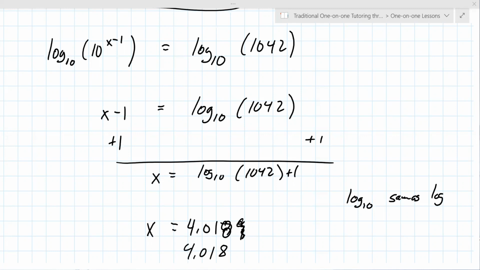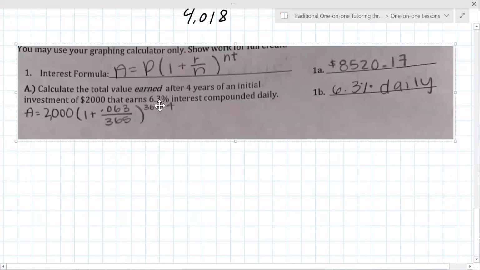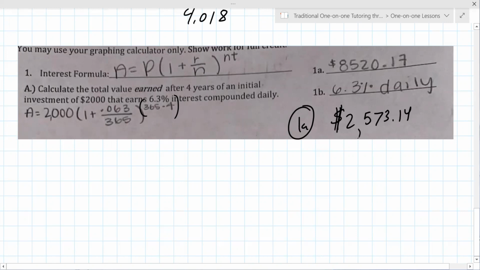So my guess is that you did not put your exponent in parentheses. This has to be in parentheses. If you don't, you may have just multiplied by 4. So 1a is actually 2,573.14. Okay, yeah, I got that now after I put it in parentheses. Yes, great.